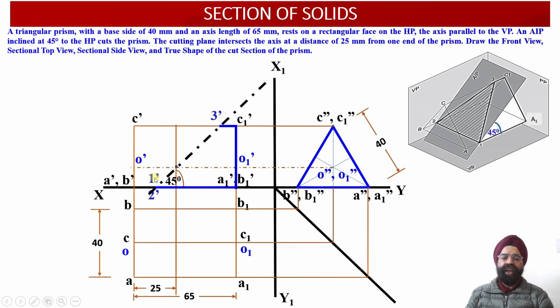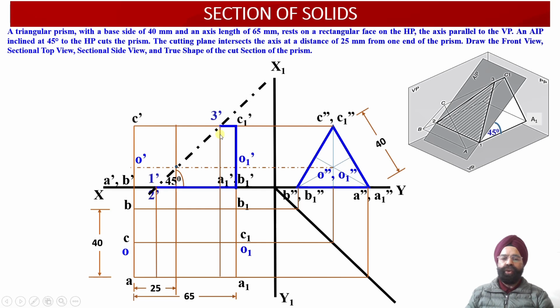So we have got front view projections of these 3 points as 1 dash, 2 dash and 3 dash over here. Now these 3 points we need to obtain in the top view projections over here. We can see that if we draw the vertical projectors through these 2 points 1 dash and 2 dash onto the top view projection, we obtain this projector line.